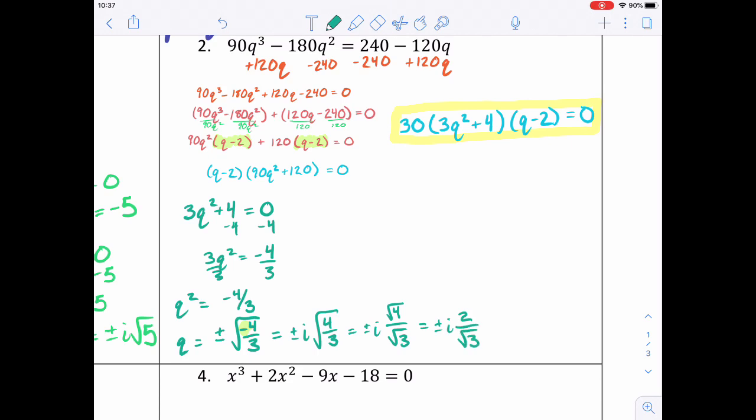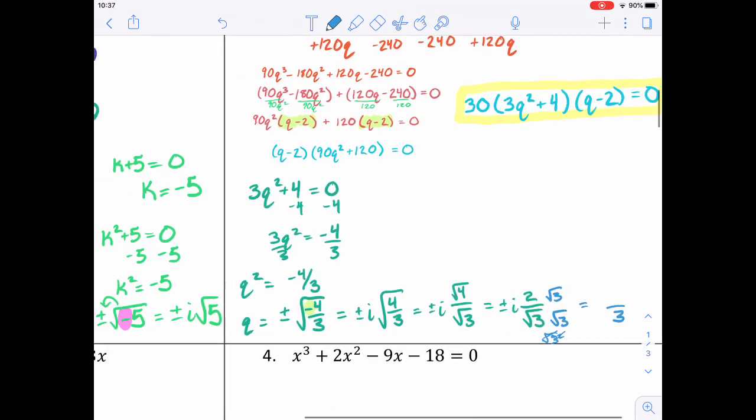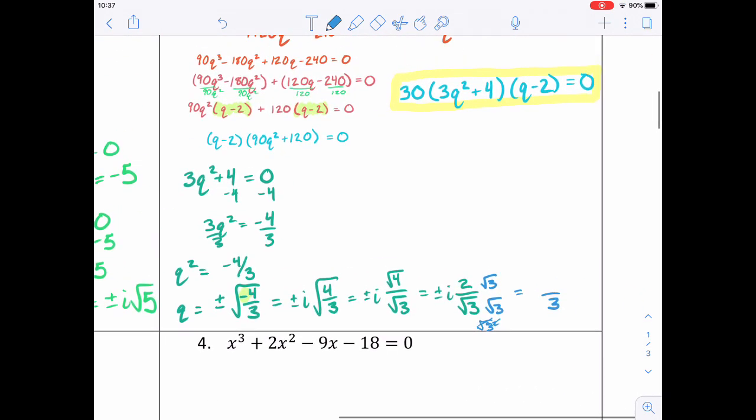Now there's a problem. We do not want to leave a root in the bottom of a fraction. We get rid of that by doing something called rationalizing. We're just going to take the root on the bottom and multiply it on both the top and bottom. And so we get root 3 times root 3, that's root 3 squared. That square root and that square cancel, and we just end up with 3 on the bottom, and we still have plus or minus i out front, and then we get 2 root 3 on top.